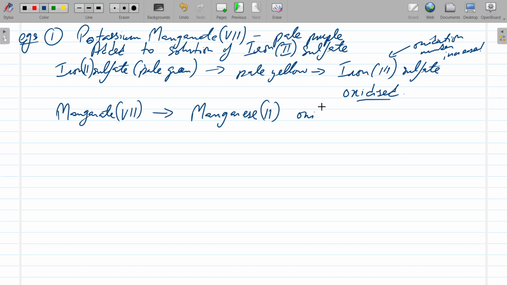The oxidation number has decreased, hasn't it, going from 7 to 2? And that means this has been reduced. And obviously a color change occurs. This was pale purple and this is pale pink, very pale pink as the color. So that is one example.